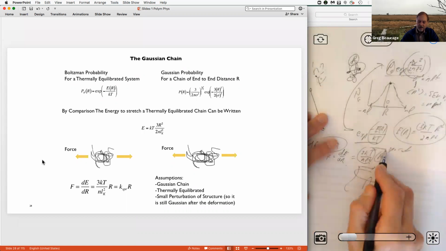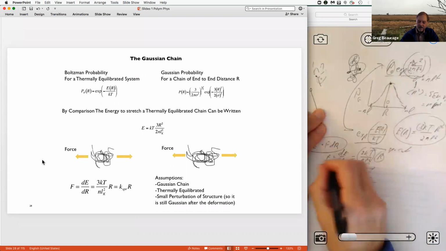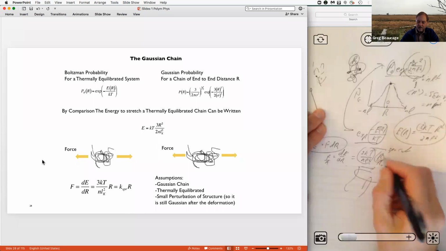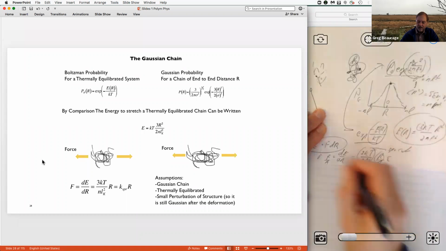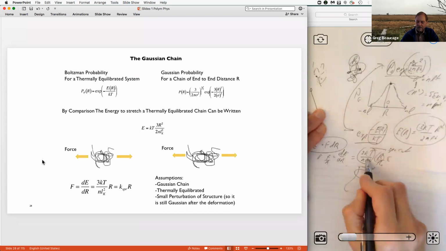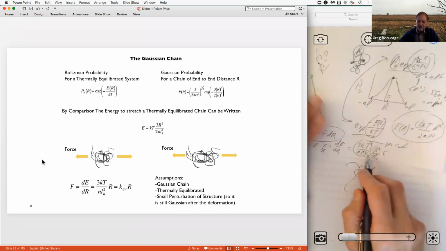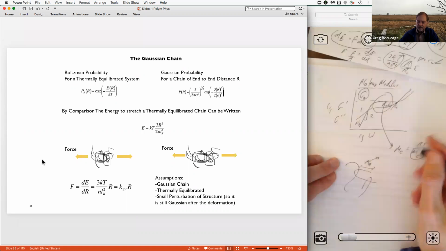So I do force by area, and I do R by R naught, then this becomes strain, and this becomes stress, and then this thing becomes a modulus, right? So basically, 3RT over ME becomes a modulus. This entanglement gives us our entanglement molecular weight. 3RT over G naught gives us the entanglement molecular weight.